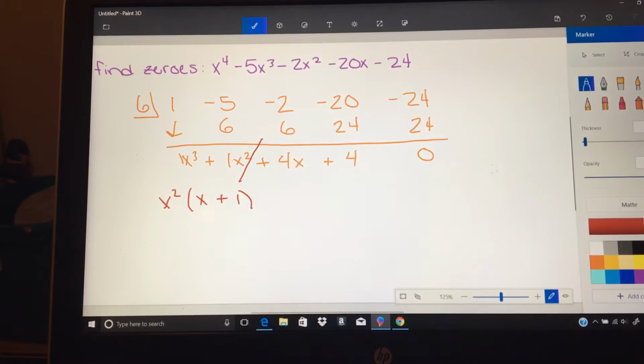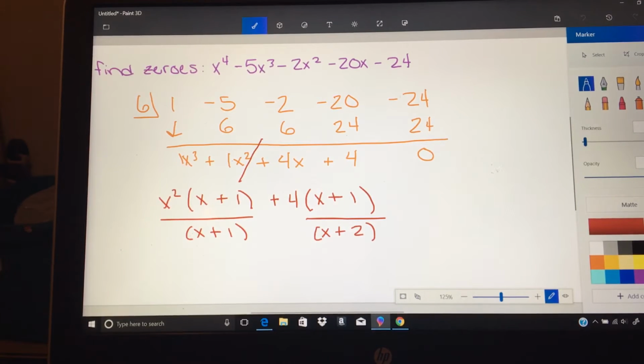And then here I'm going to take a 4, and that's going to give me x plus 1. So I'm able to factor it because now I can take that x plus 1 out of each factor and get my 2 factors.